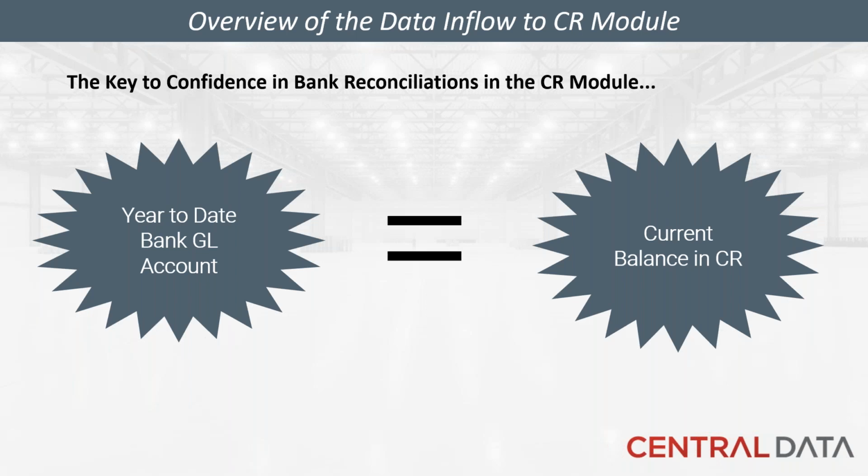That being said, they're so important, there actually is no stop on the report itself, on the trial balance, that says, hey, your year-to-date bank GL doesn't tie to CR's current balance. There's nothing on the reports that's going to tell you that. So this is a manual check that you must do when you go to do your reconciliation.